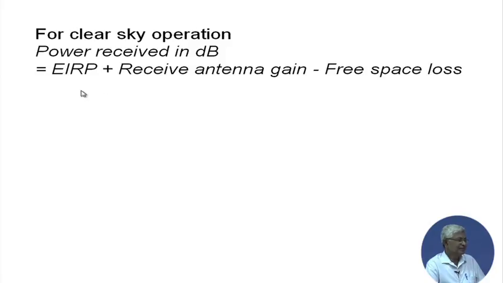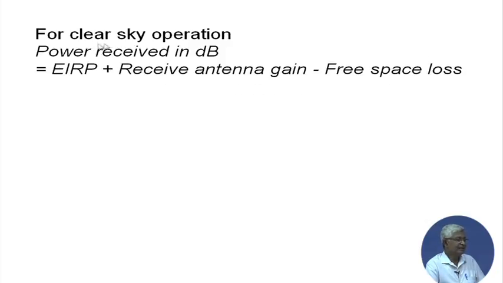So, let us go a little deeper, and that is, in clear sky operation, what really happens to our signal, what happens to our EIRP and G by T. So, let us see, the power received in dB is what is transmitted, that is EIRP, plus the receive antenna gain, of course, minus free space loss.